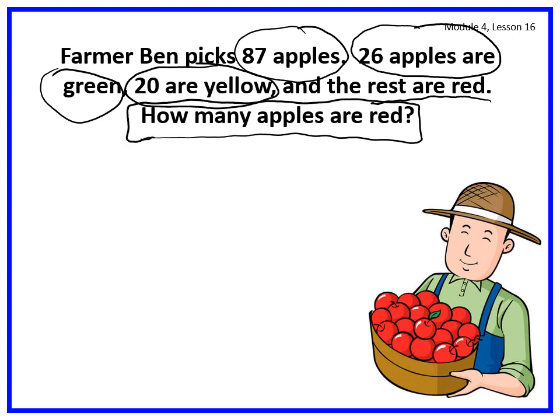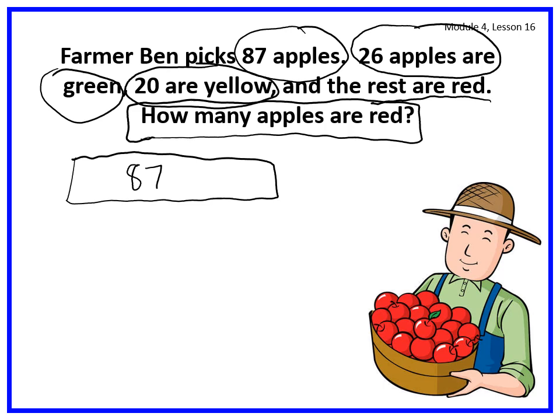Okay, so this to me sounds like a two-step problem because I have to figure out how many apples there are combined with the green and the yellow to figure out how many are red. So I'm going to take 26 and 20. So I know that there's 87 total. So I'm going to do a tape diagram. 87.